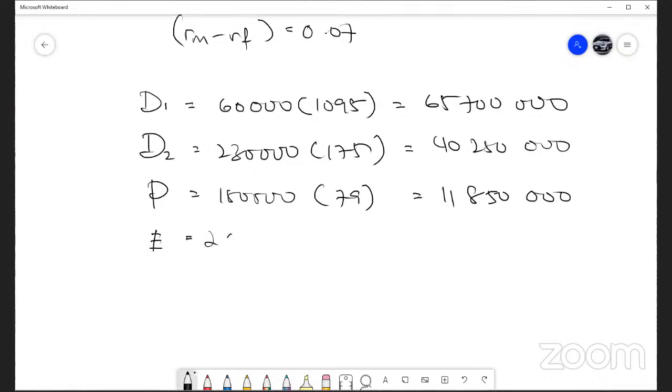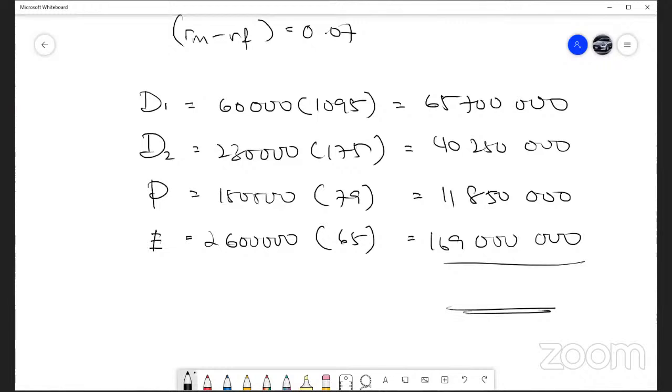Equity is very large, 2.6 million shares, each one valued at 65. So that gives you $169 million. Total market value, everything together, you get 286,800,000.